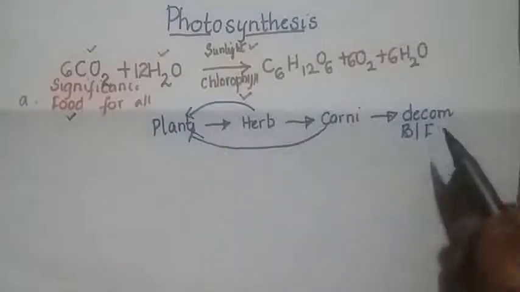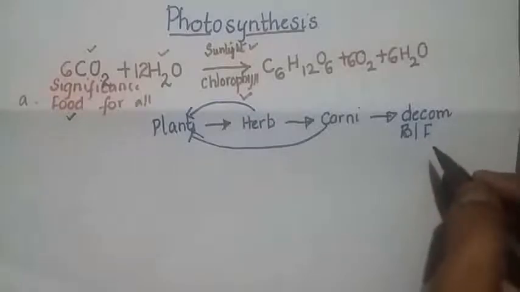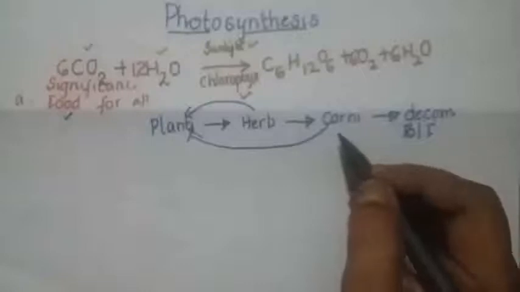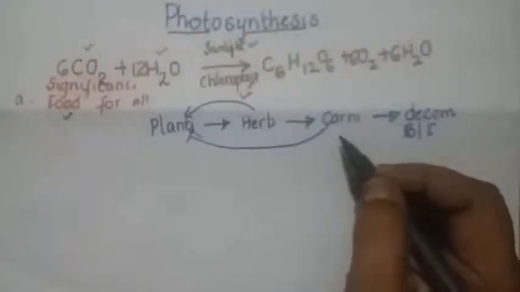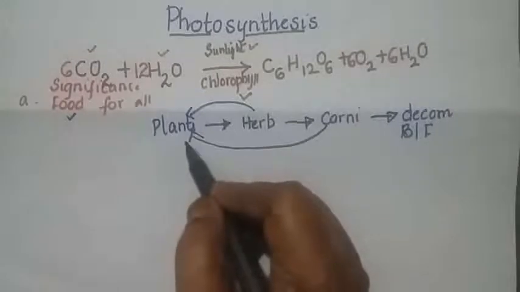In the same way, the decomposers, or what we call scavengers, like bacteria and fungi, feed on herbivores and carnivores. Again, they get their energy or food by feeding on these organisms, or you can say again they indirectly depend on the plants for their food.